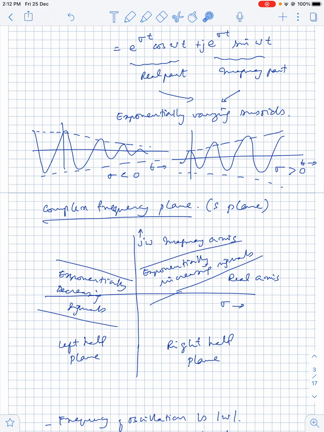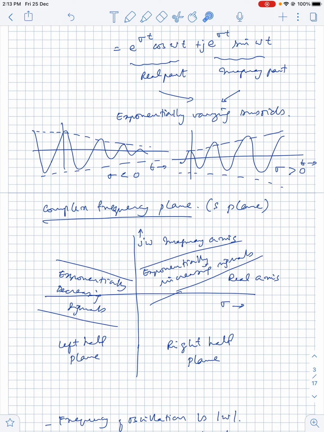So you can see that for increasing sinusoids like this, we have sigma greater than 0, and essentially these kinds of signals live on the right hand side of the plane, and these decaying signals have sigma less than 0, and they live on the left hand side of the y-axis. So this left half plane and right half plane contain different types of exponentials.